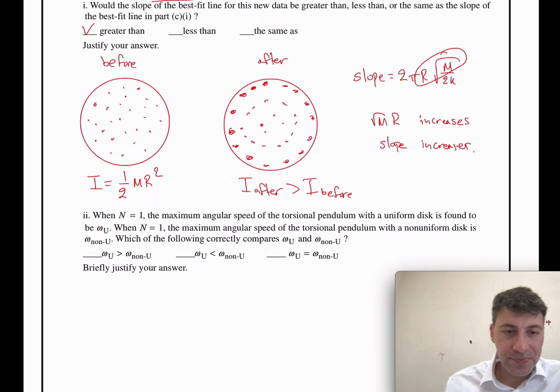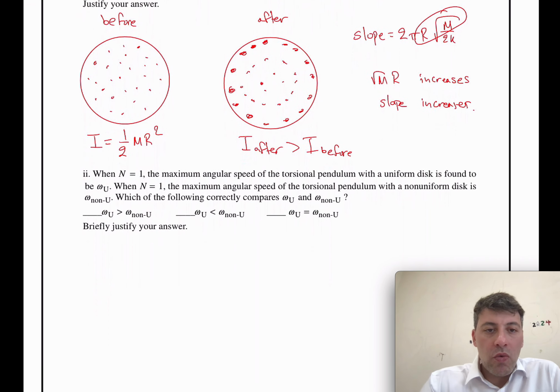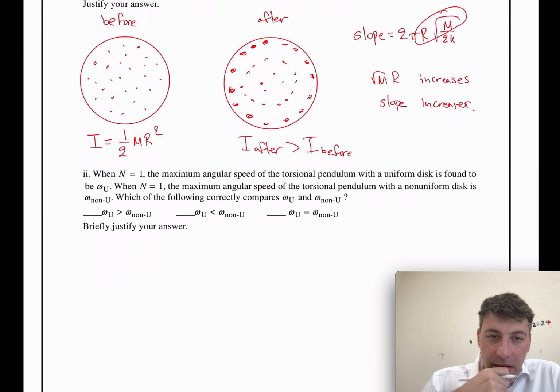And finally, for one disk, the maximum angular speed is found to be omega uniform.